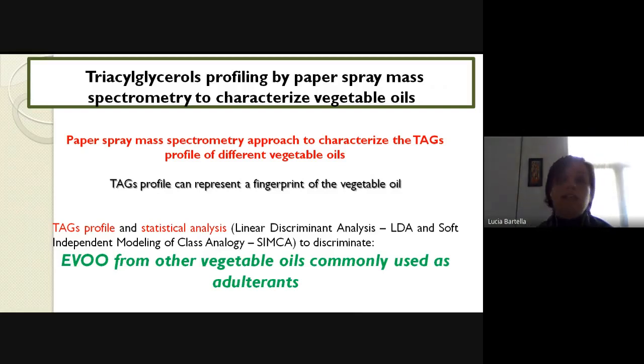This work deals with the application of paper spray mass spectrometry to characterize the triacylglycerols profile of different kinds of vegetable oils, because the TAG profile can represent a fingerprint of the vegetable oils, and this MS profile was used coupled with statistical analysis in order to discriminate extra virgin olive oil from other vegetable oils used as adulterants.